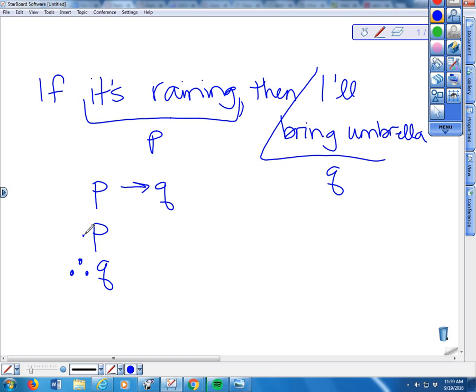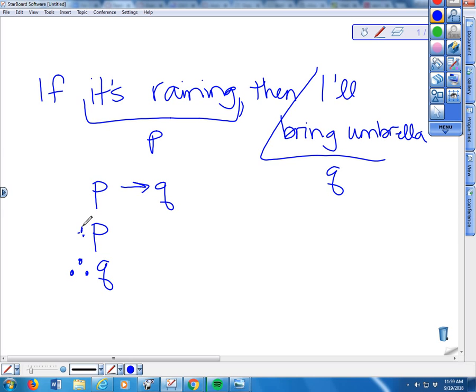But if I tell you I have a stomach ache, it could have been something else. I could have had the flu. I can find a counterexample that would disprove that logic. Okay? Law of detachment, you're given a conditional, if P, then Q, and then you're given P. P happens. You can then conclude Q will happen. That's the law of detachment.